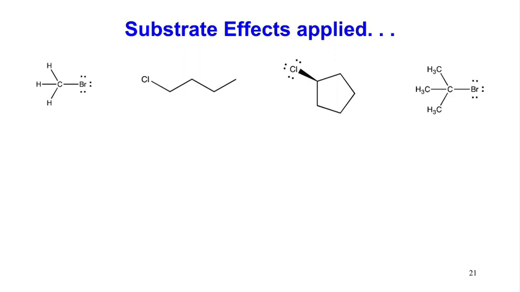If we were going to run a substitution reaction, we'll just say SN, S for substitution, N for nucleophilic. We're not specifying 1 or 2 because in this case I want you to think through, looking at this substrate, which mechanism is most likely.